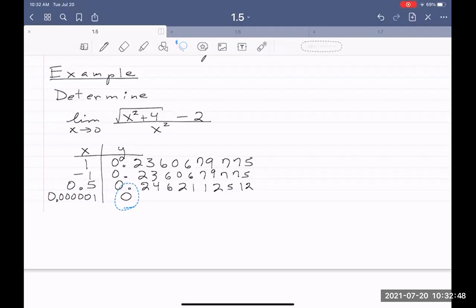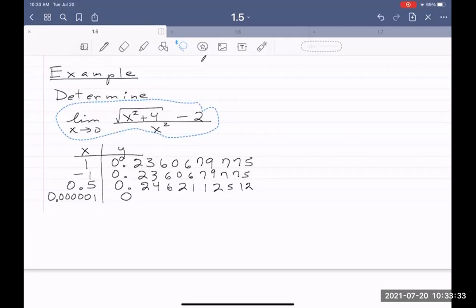So what the heck is going on? If you take numbers getting closer and closer to 0, the values keep getting bigger and bigger, except all of a sudden they drop down to 0. And as a matter of fact, if you take even smaller numbers, like 6 zeros and a 7, you'll still get a 0 here. So what do you think the answer is? What is this limit?